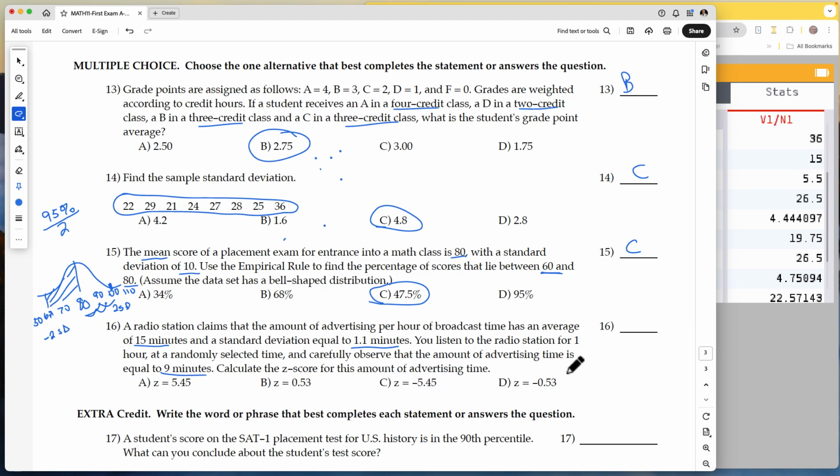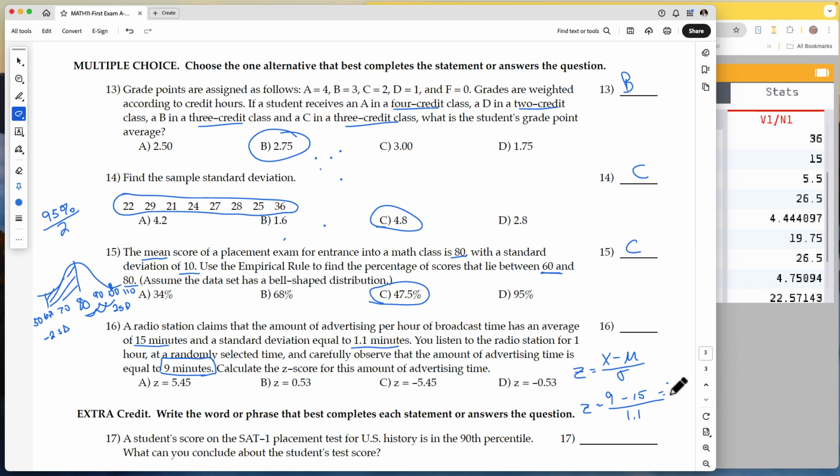So remember that the z-score comes from this formula, x minus the mean divided by the standard deviation. So our mean is 15 minutes. Our standard deviation is 1.1, and our data value is what we observed, what we measured, 9 minutes.